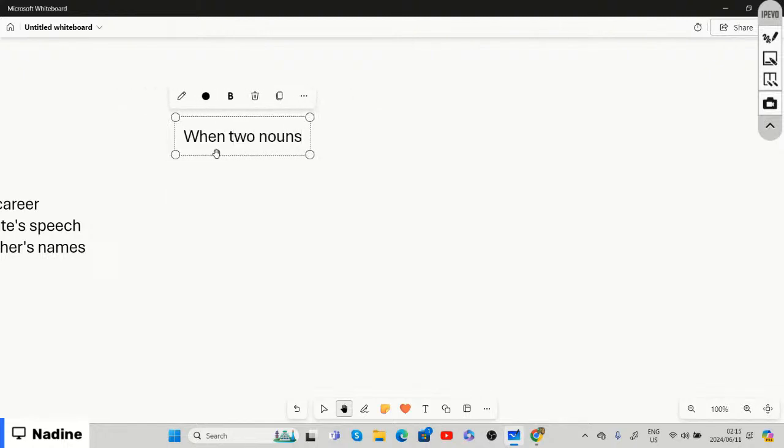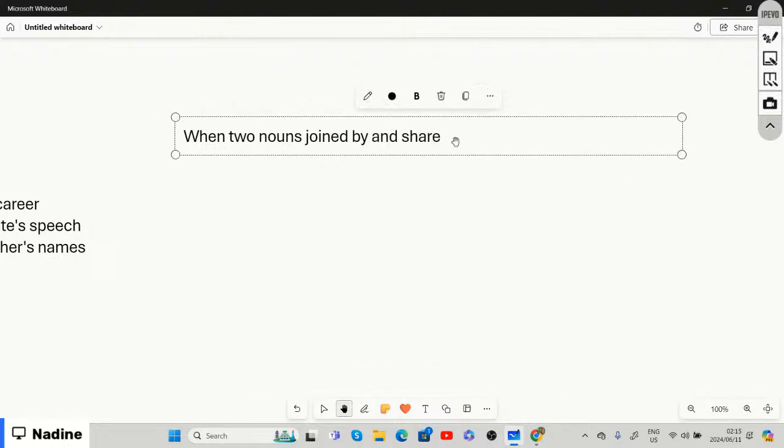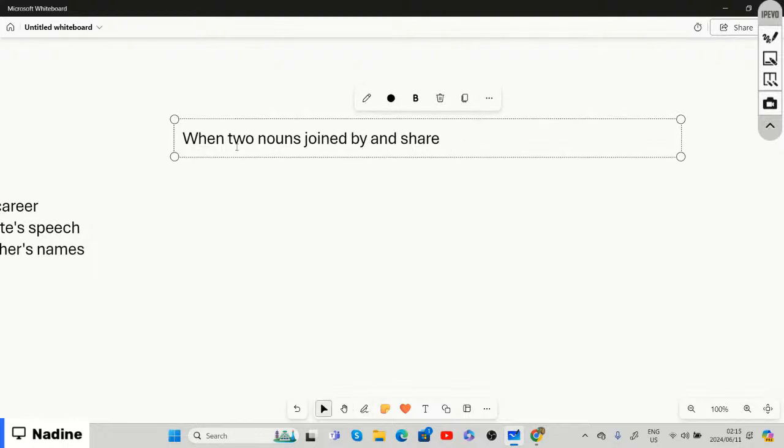So basically, when two nouns are joined by the word and, then they share possession of something.